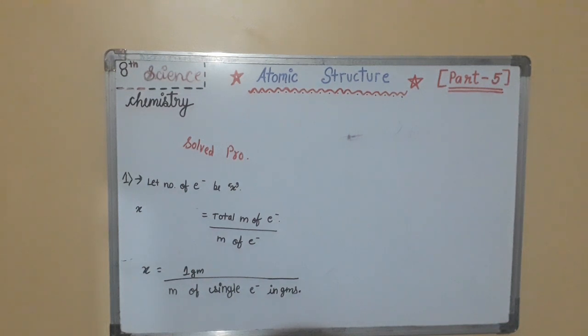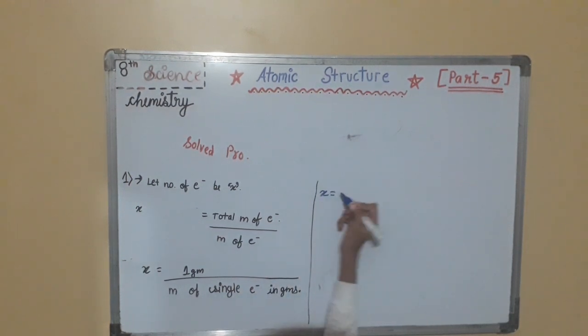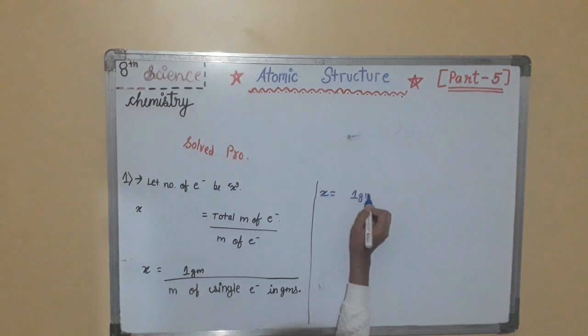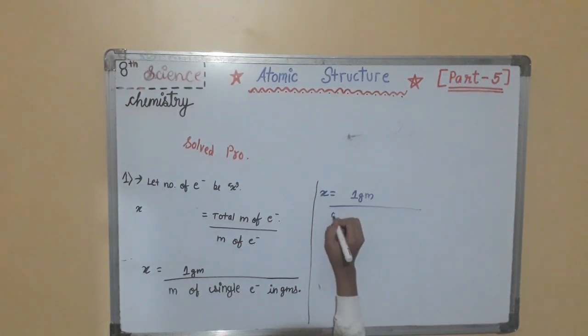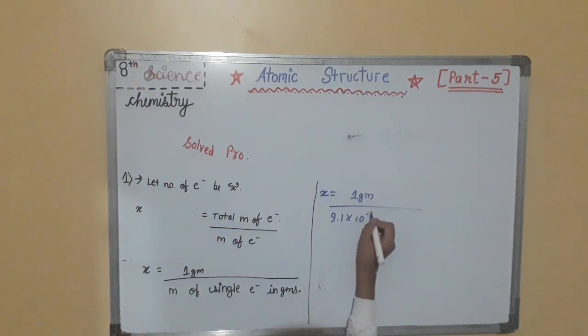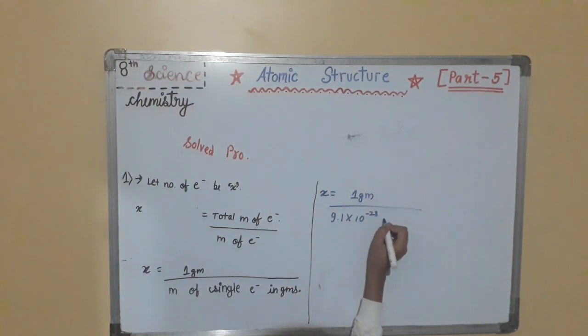After that the next step will be to put the value of mass of single electron. So x will be equal to 1 gram upon 9.1 into 10 raised to minus 28 grams.